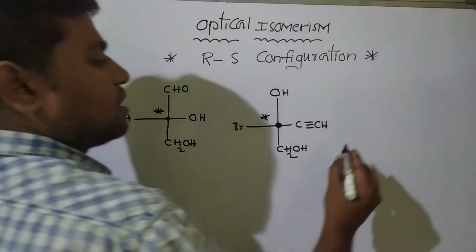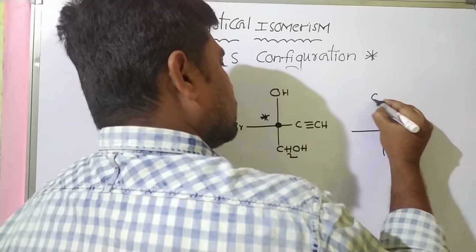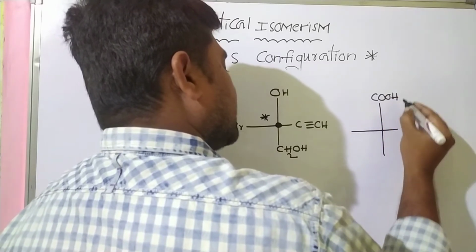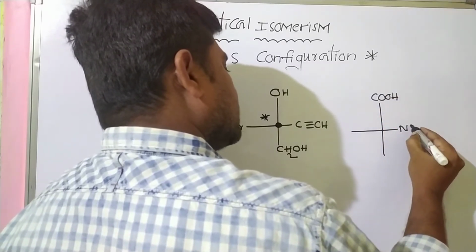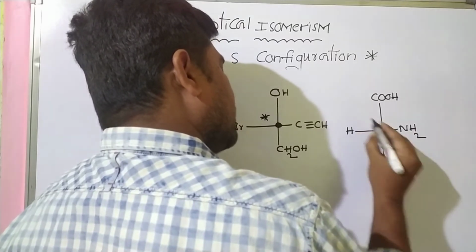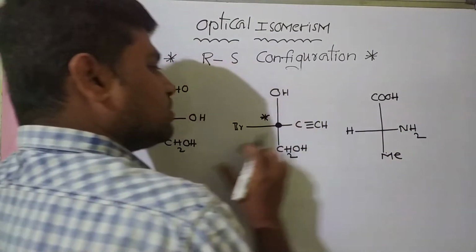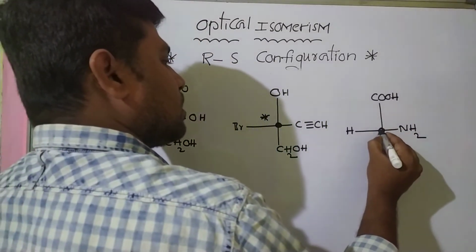Okay, students. Now one more example, carboxylic acid group. This is NH2 amino group. So this is one hydrogen atom. Here some methyl group. So these are all chiral carbons.